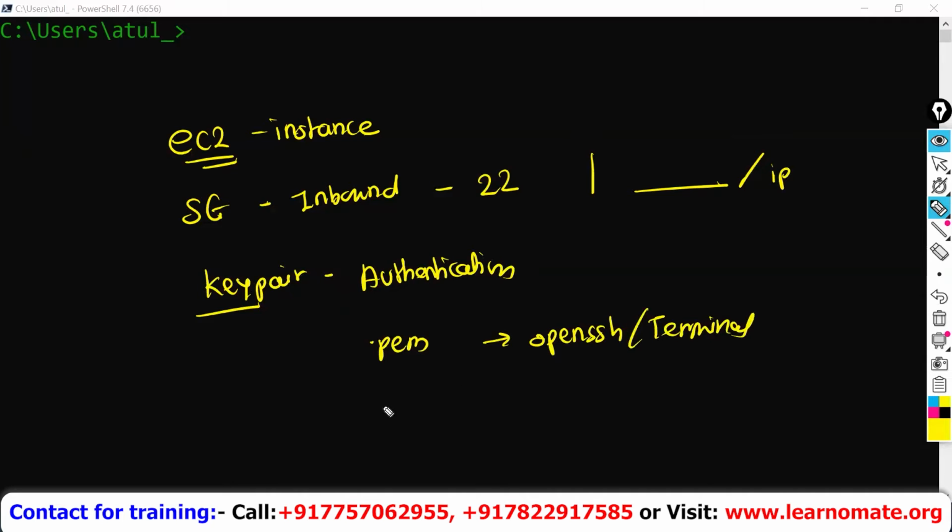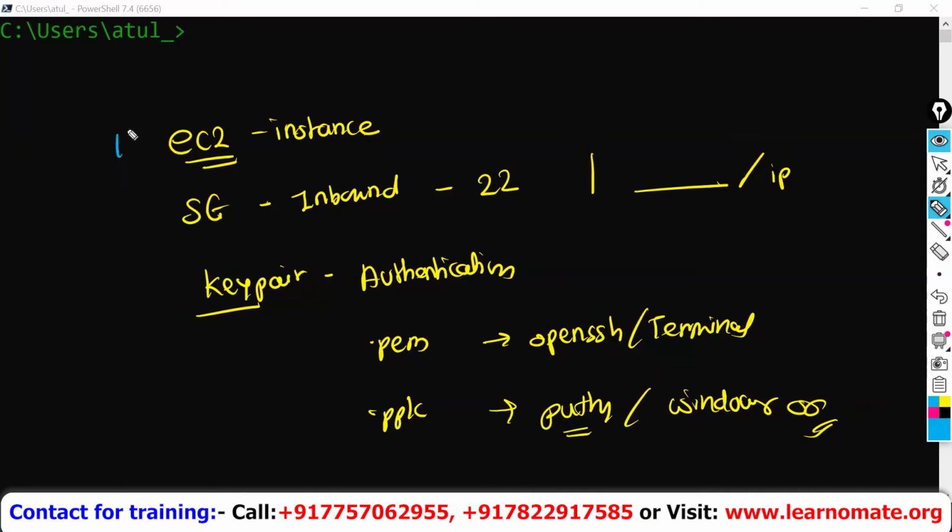If I'm going to connect using PuTTY, which is used on a Windows type of operating system, when you are connecting from Windows machines, you can go with PuTTY configuration where a .ppk key pair can be created and used for authentication. So these are the steps I will follow.